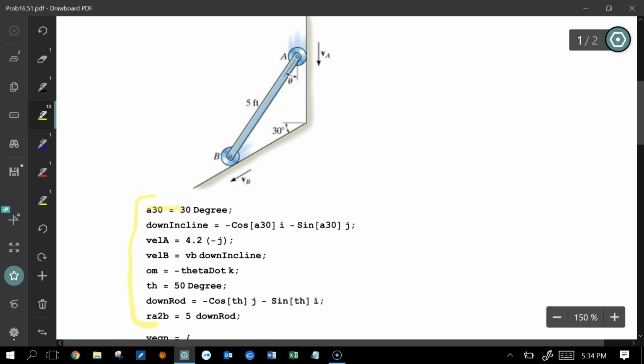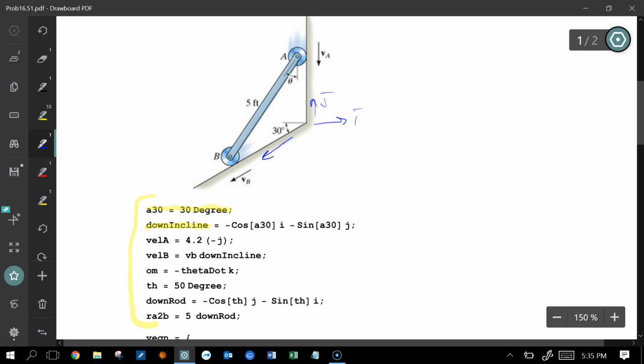So that's what I'm going to do. All right. So I hate to type degrees, so I'm going to define angle 30, A30 as 30 degrees. And I define a down the incline, because I know that that is the direction that B goes, down the incline. Down the incline is a vector this way. It points down the incline, right? Your I is over here, your J is up, if you remember, right?